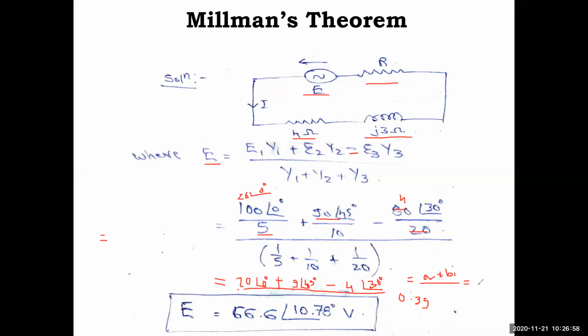Once you get the value, press shift, the plus button, so that r at an angle theta will come. Give equal to, then the answer will come straight away. 66.6 will come first, then you give shift equal to, then you will get the angle, which is 10.78 degree volt. So you can do this calculation.